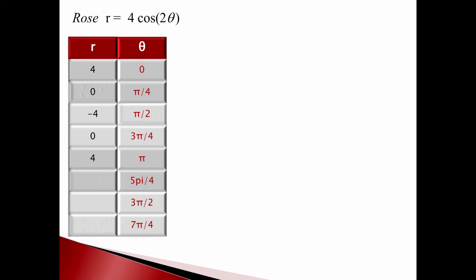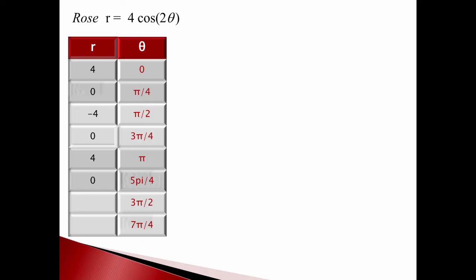And you might think, oh, that's awesome. I landed on 2 pi. I'm done. Well, yes, we took the cosine of 2 pi, but we've actually only made it halfway around with theta. Theta is still at pi. So we've got to keep going. We got to try 5 pi over 4. 5 pi over 4 would be 5 pi over 2 that we take the cosine of, so we get 0.